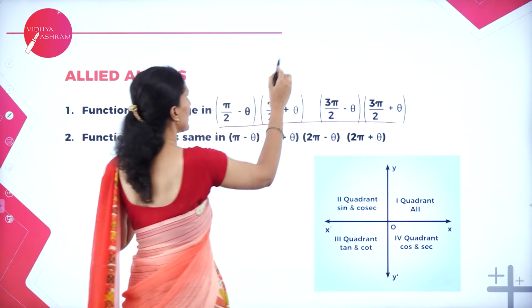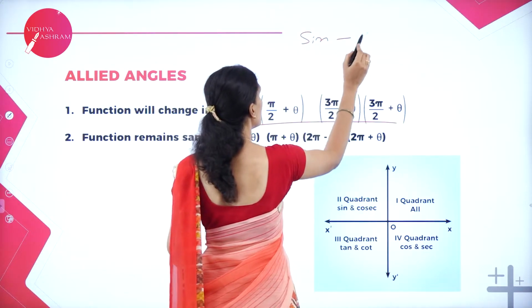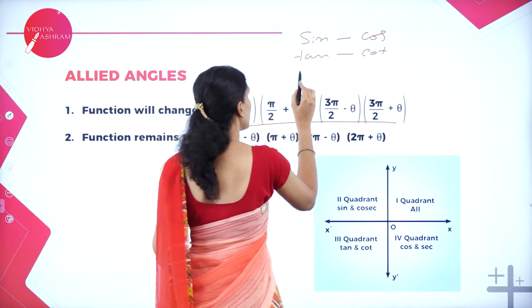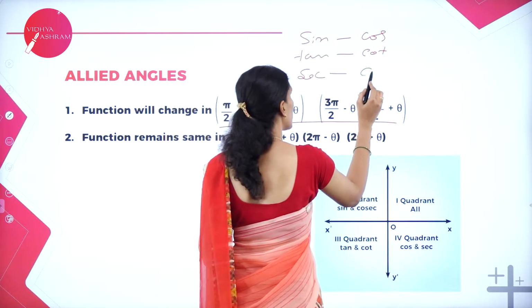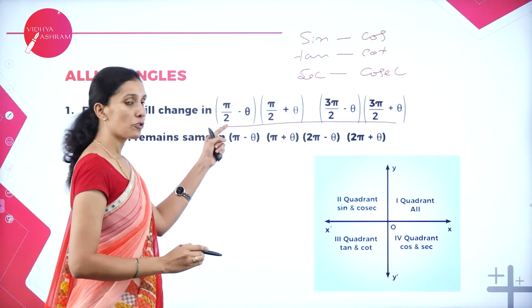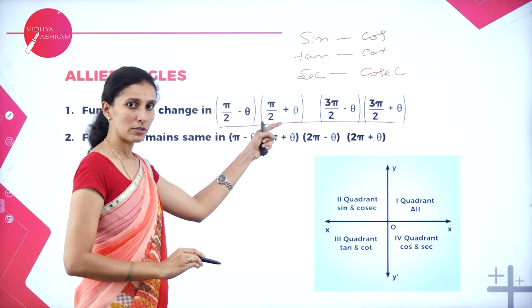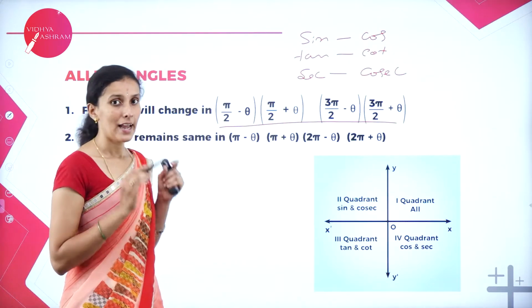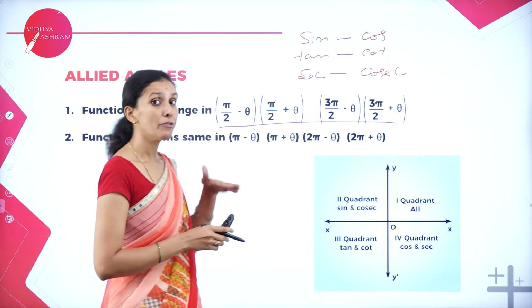That is, sine changes to cos, tan changes to cot, and secant changes to cosecant. And the sign depends on where it lies.